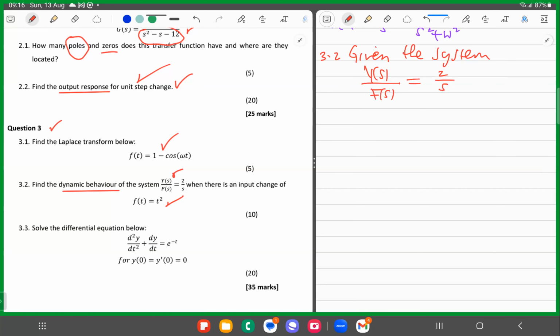When there is an input change, the input change here is f of t equals t squared. And so, what is the meaning of all this?